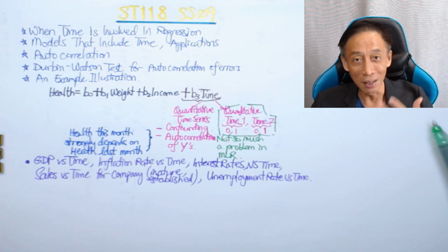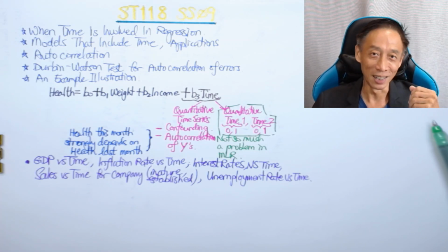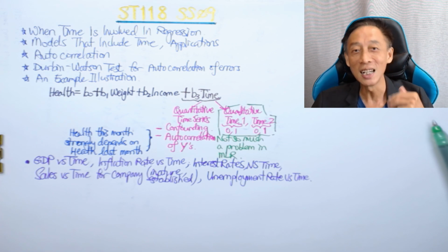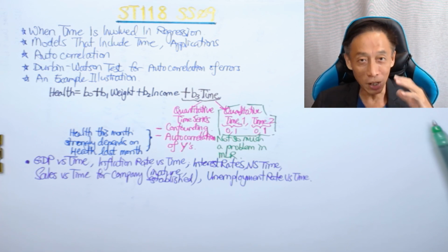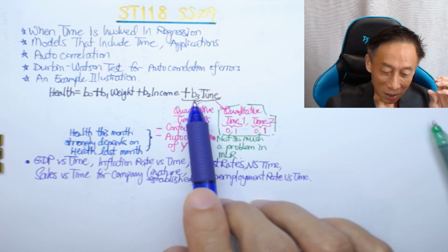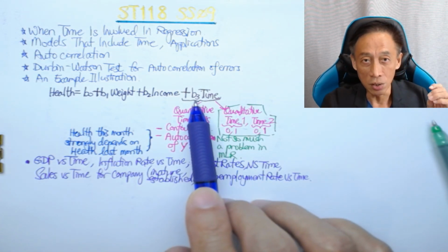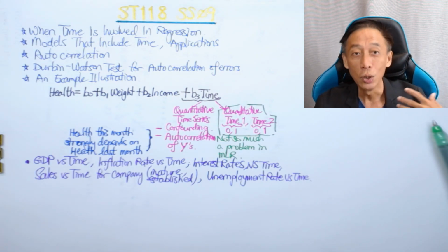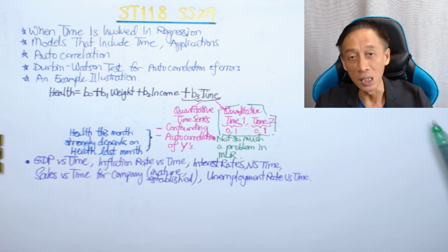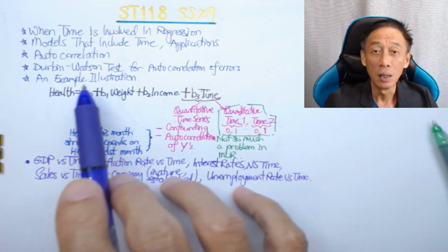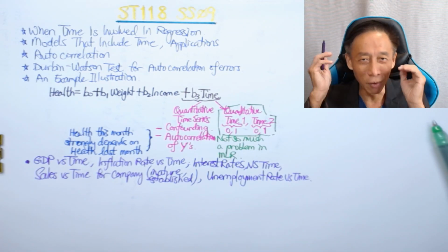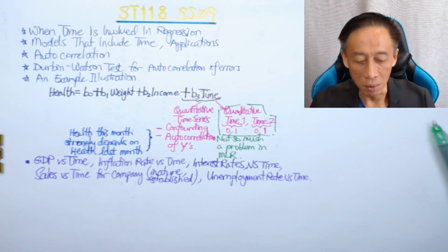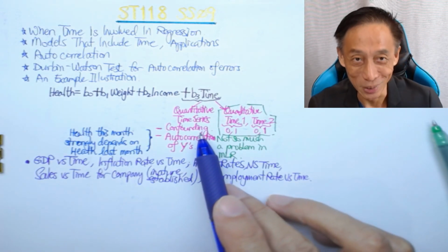That means there's acceleration in the growth rate, that means d squared y over dx squared. Instead of dy/dx being a constant, it may not be a constant. So if dy/dx, the gradient b3 here, is not a constant, then we are in trouble. That means we are trying to use a linear model to reproduce a non-linear data set when time is involved. So when time is involved, there can be new problems to take care of.